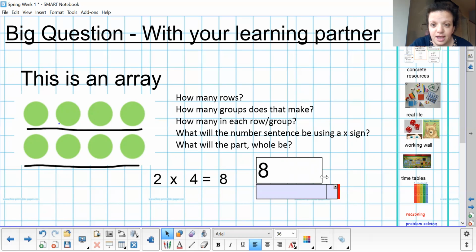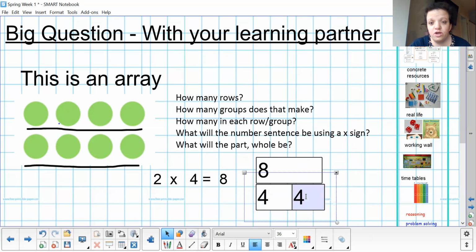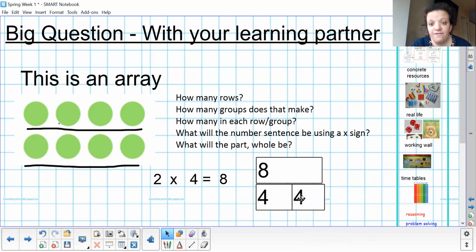So I'm going to make my parts the same. I'm going to put a 4 in there and a 4 in there. 2 groups, 2 parts that make 4 in each of them. So 4 and 4 equals 8. Fantastic. Okay, and that's how it goes. It's our part whole that shows this array.